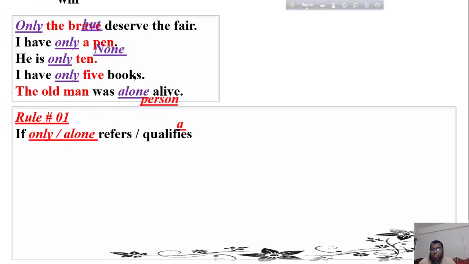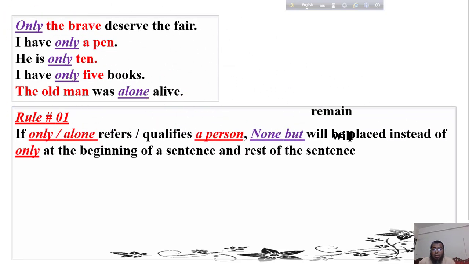The first one: if only or alone refers to or qualifies a person, none but will be placed instead of only at the very beginning of the sentence.